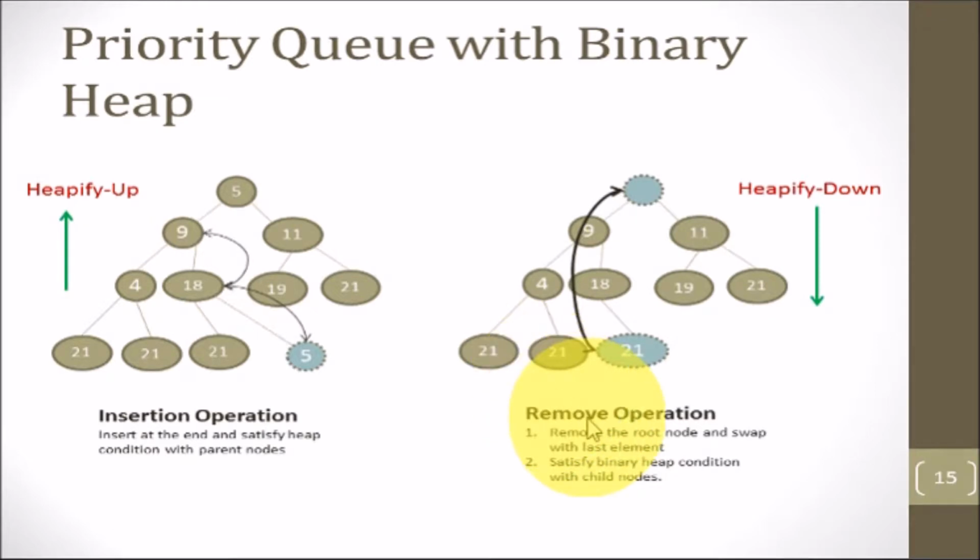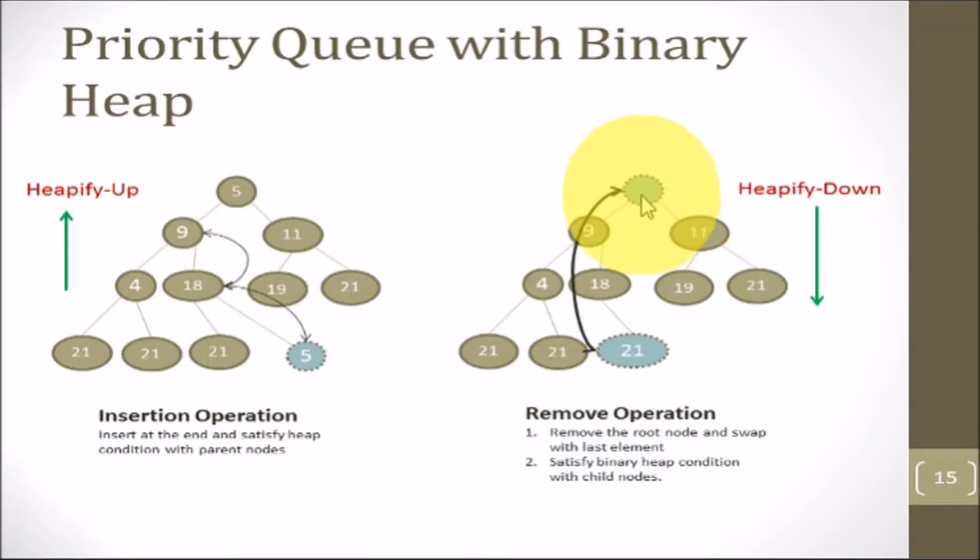Next, let's see the remove operation. Whenever we do a remove operation on the priority queue, it will remove the lowest value, which is the root value. Once the root value is removed, the very last node in the tree will be swapped with the root item, and then from here the heap condition will be satisfied with its children.